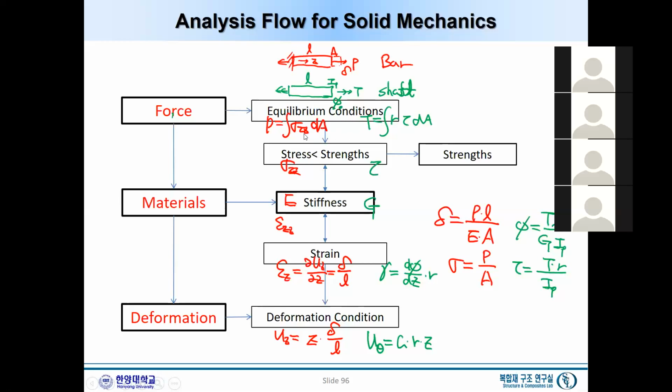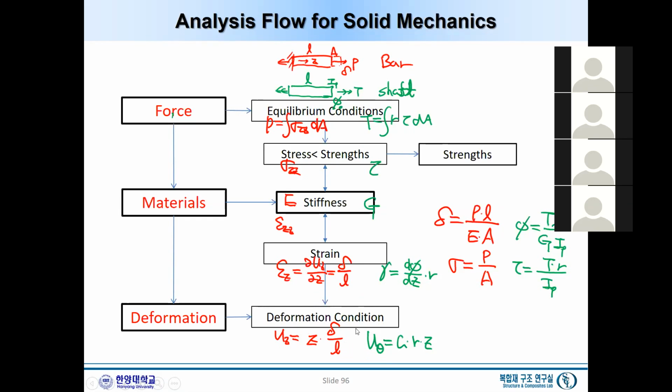And as you can see here, tension is generating tensile stress, in this case axial stress, so we call it sigma ZZ. And the torsion is causing a shear stress tau. So stiffness is E and G, strain is epsilon Z and gamma, and the deformation is UZ and U theta.